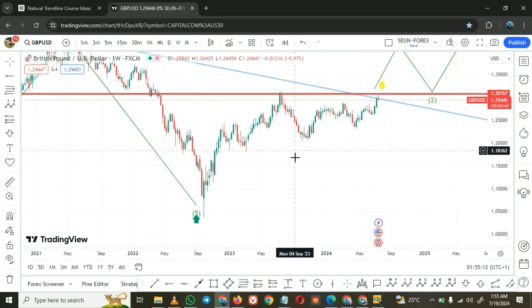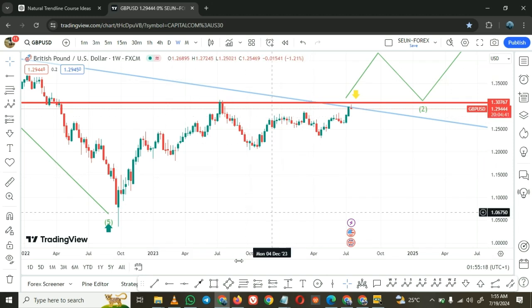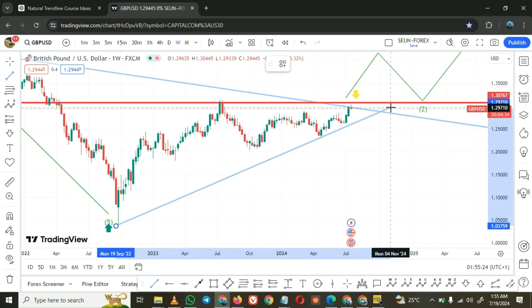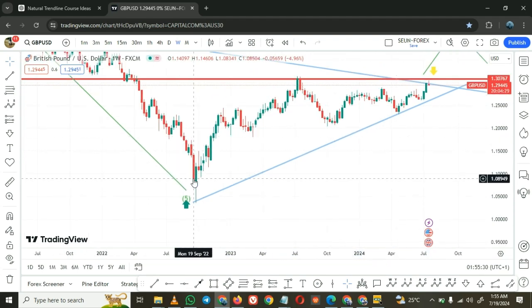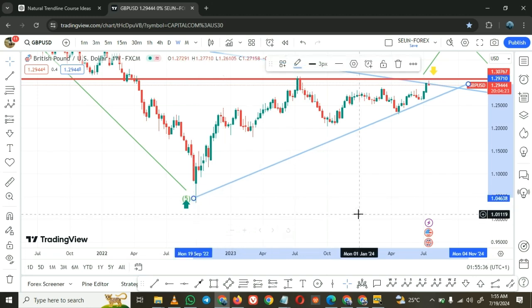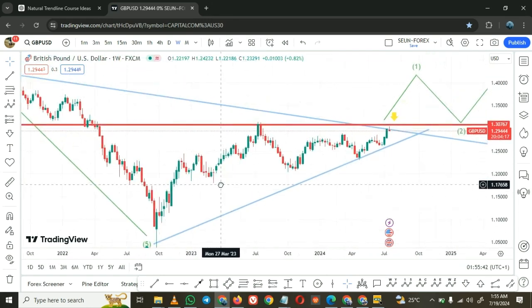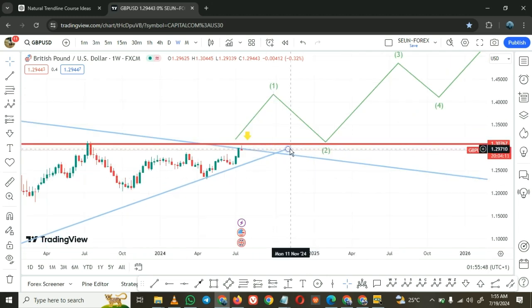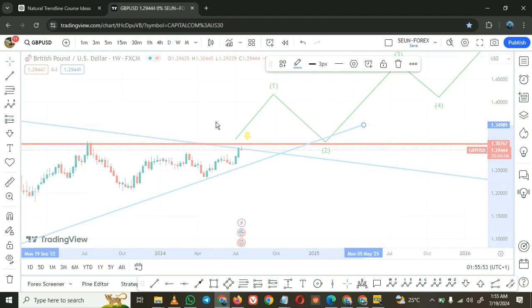Now, if you move to lower time frames such as weekly and daily, we can easily see that in weekly and daily, GBP USD has been buying since September 2022. This gives us the clue of what is actually happening in the market.